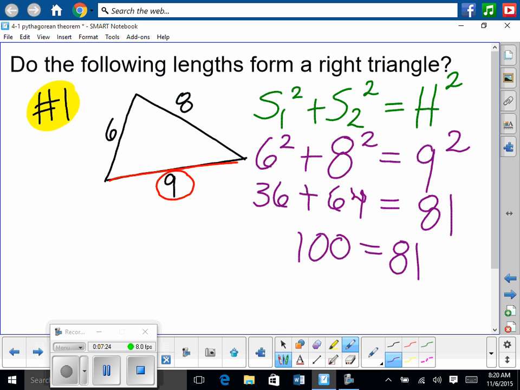Not a true statement. So this must not be a right triangle. Otherwise, the Pythagorean Theorem would have worked. So this is not a right triangle. We're proving that it's not, using the Pythagorean Theorem. Does that make sense? Everybody's good.